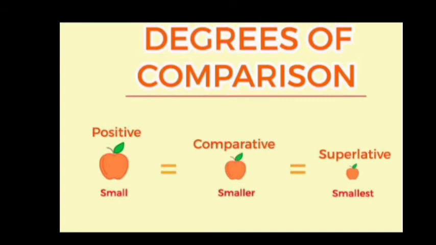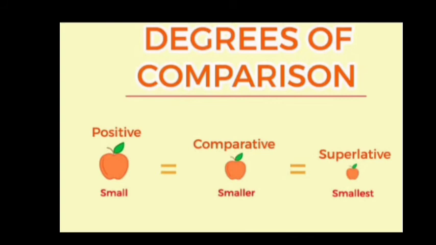In order to form the comparative and superlative degree of adjectives, remember the following rules. We add ER and EST to most 1 or 2 syllable words that end in consonants. When the positive ends in E, we add only R and ST to the adjective.